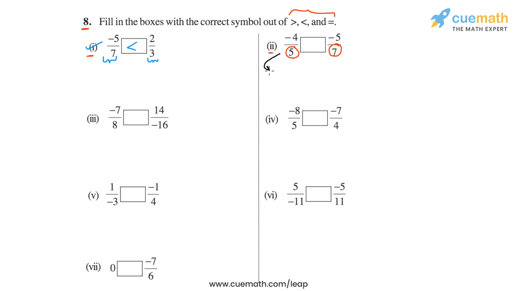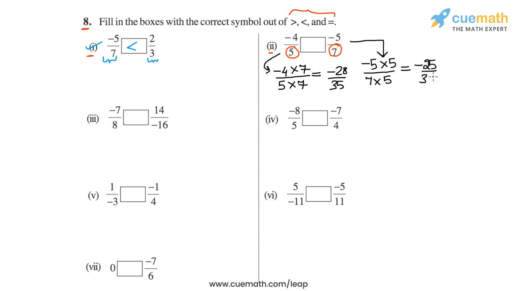So minus 4 by 5 will become minus 4 into 7 by 5 into 7. Okay, so this is minus 28 by 35 and minus 5 by 7 will become minus 5 into 5 by 7 into 5, and this is equal to minus 25 by 35.